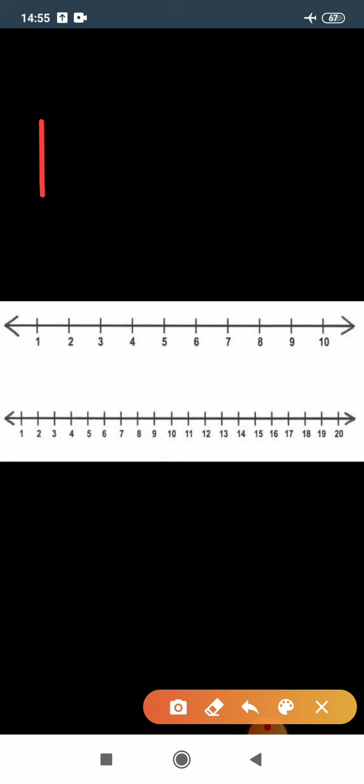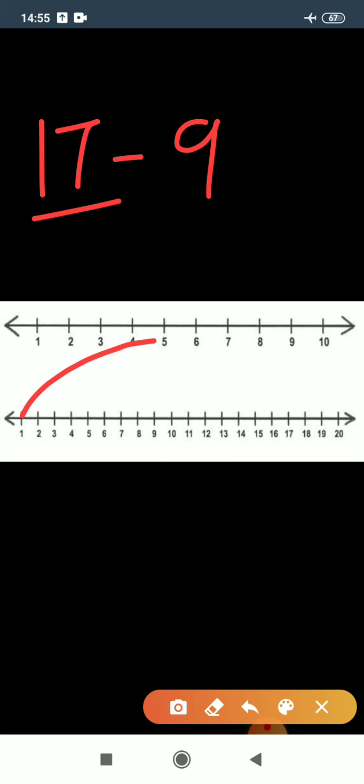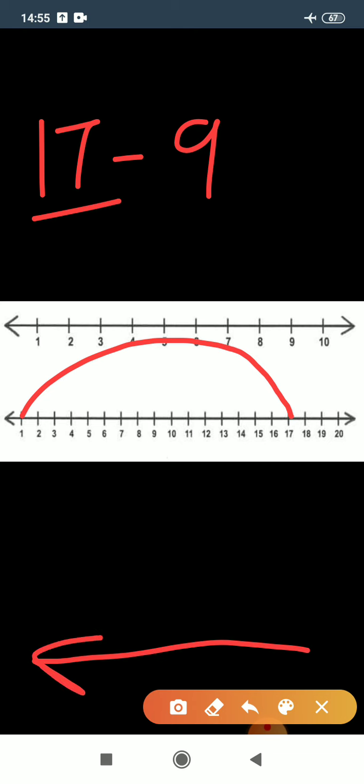Very good. Now, 17 minus 9. Now, my first step is on 17. Now, we need to come back. How many steps? 9 steps.